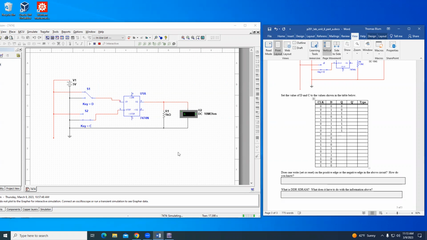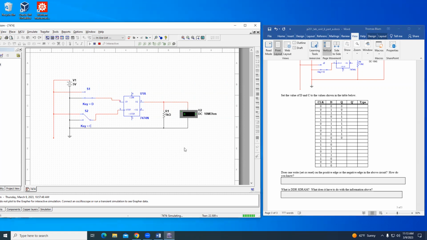And then make the data low. Oops. Data low, and it remained high. And then make the clock high, and it went to low.